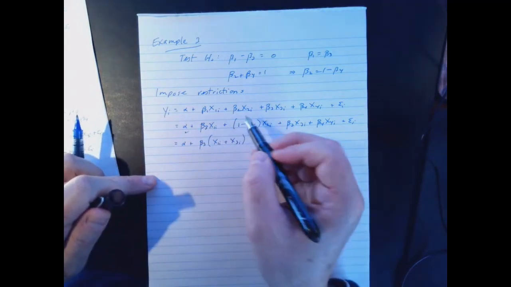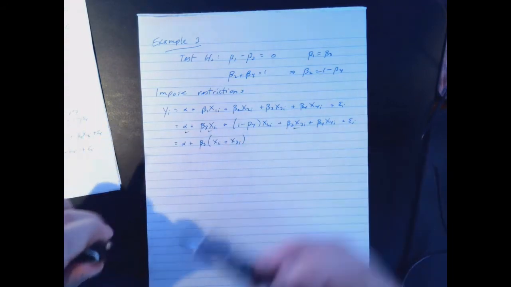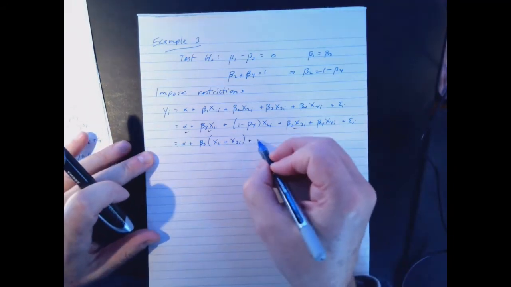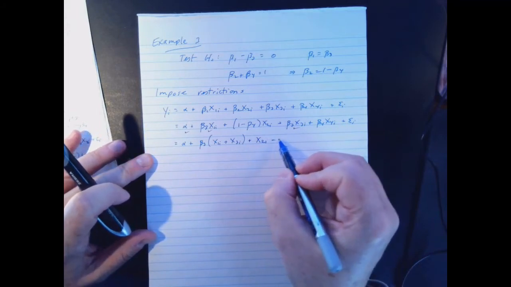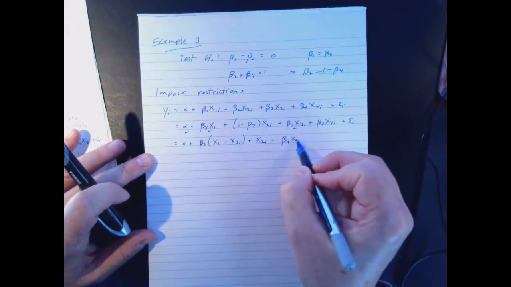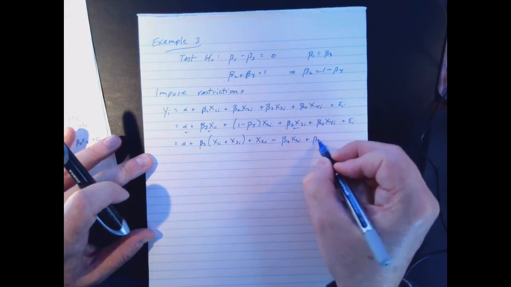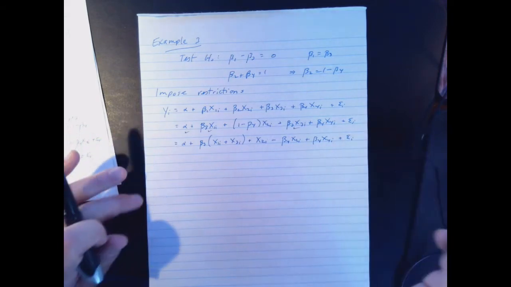So we've used that, and that, and that. Okay, and then we have plus x2, and we have minus beta 4 x2 plus beta 4 x4 plus epsilon.